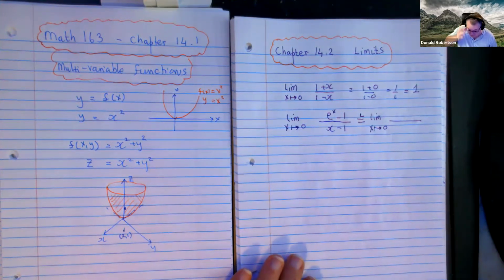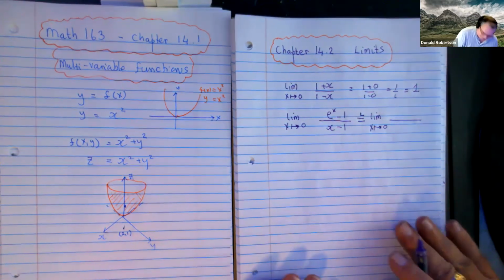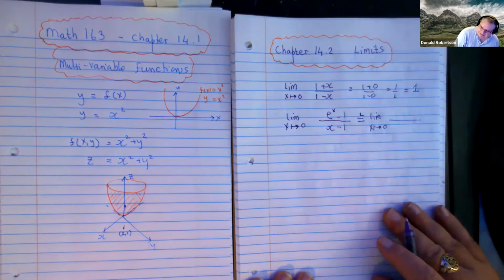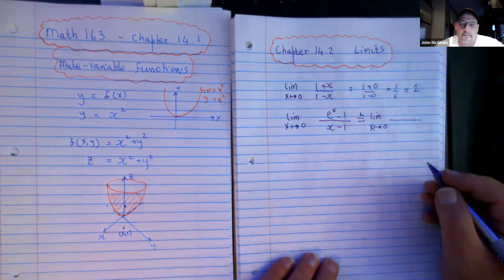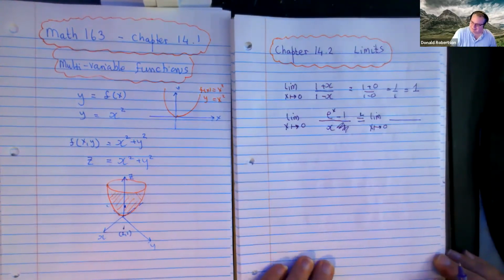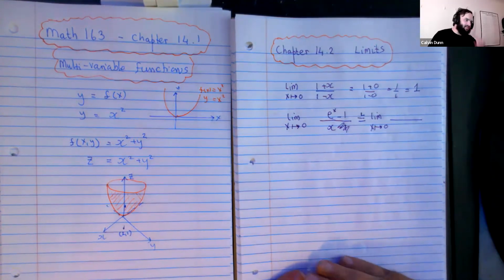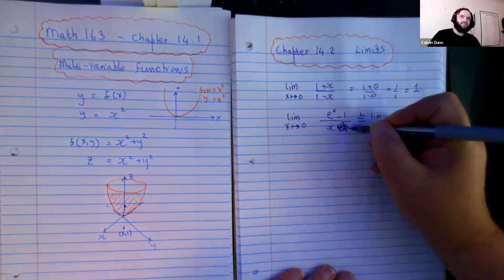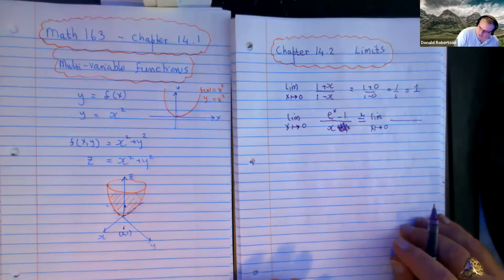I call it La Hospital because it looks like it's La Hospital, but I've been told by other people that it's L'Hôpital. I had a calc teacher who said he can't pronounce it at all, so he just says that weird Frenchman that has his own rule. I just call him Hospital. It's easier.